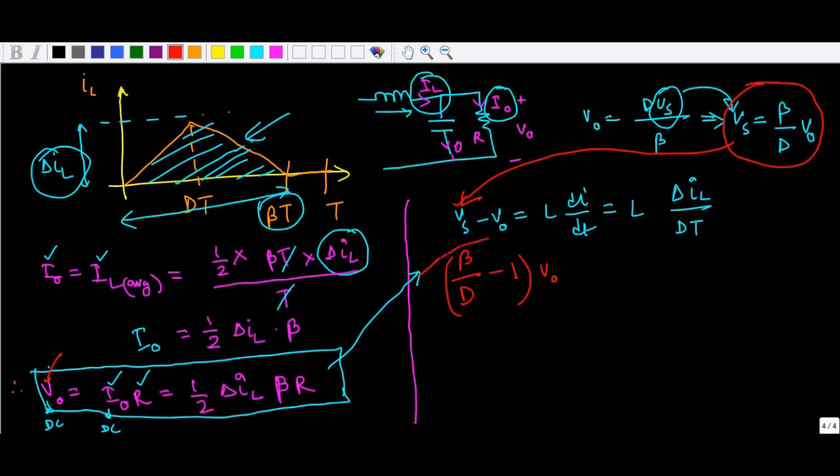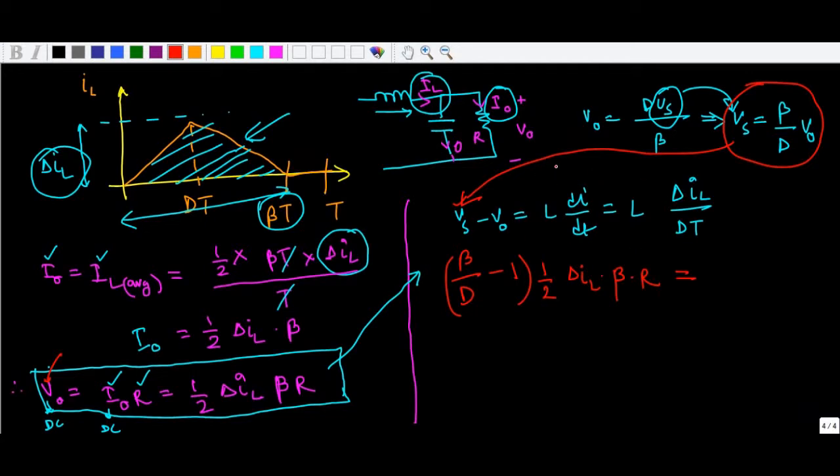So what is V output? V output is nothing but this value that we found earlier, that is half into del IL into beta into R. So this is nothing but L di dt.